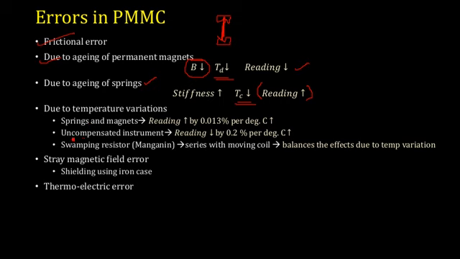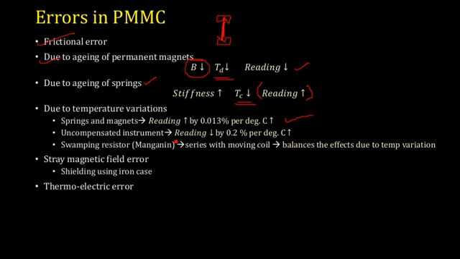Now due to temperature variations, very similar to MI instruments, we'll have temperature variations in springs and magnets, as well as the copper coil that is being used as the working coil. In springs and magnets, the reading increases by 0.013% per degree Celsius increase.